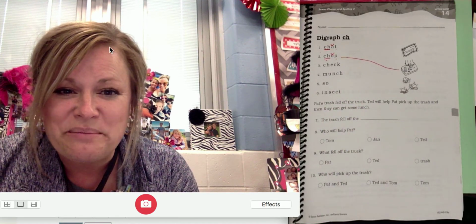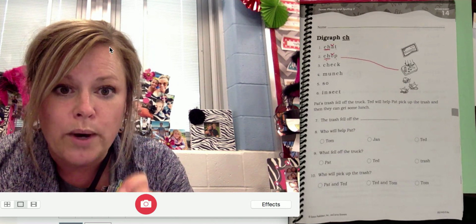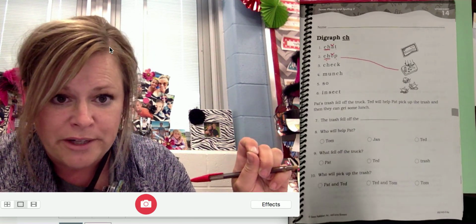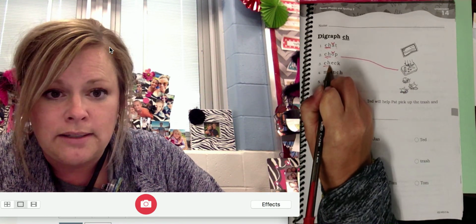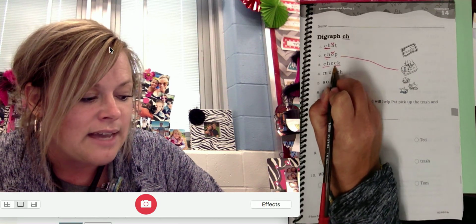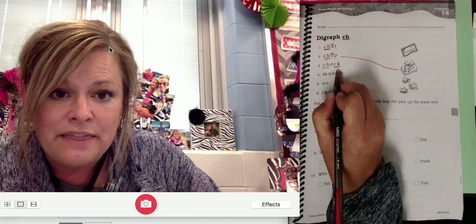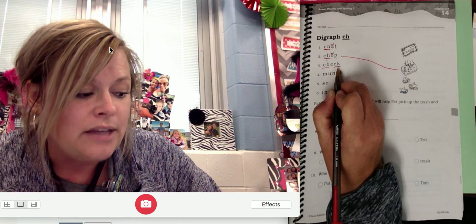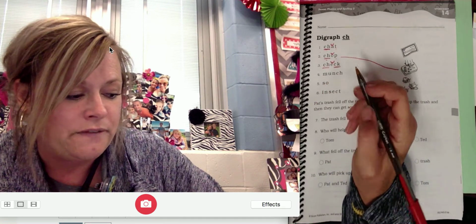Okay, number 3. Number 3, I see 2 digraphs, one in the initial position and one in the final position. The initial position is CH like cheese, ch, and then we've got CK like duck in the final position, k. Because I see CK in the final position, I know this vowel is a short sound, like elephant.